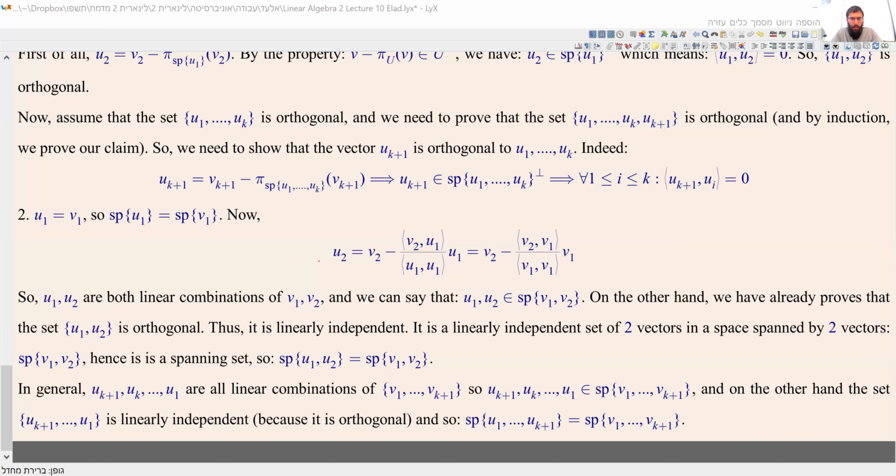But first of all, one can take the vectors in B in a different order and then try to calculate the orthogonal basis you get from Gram-Schmidt. It will be probably something else.